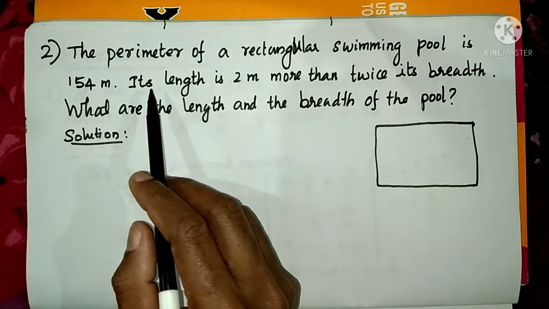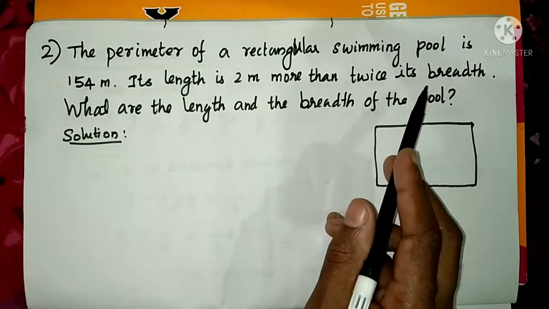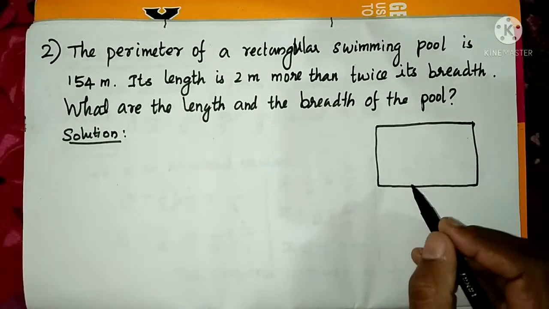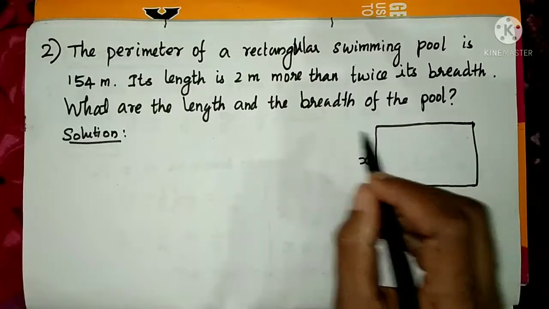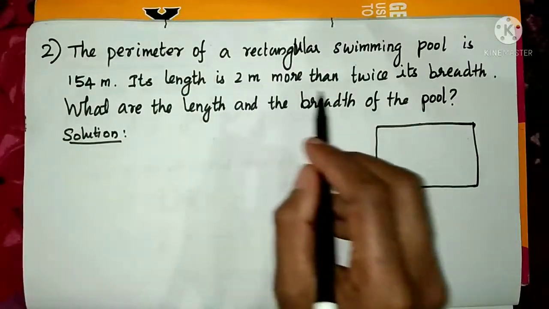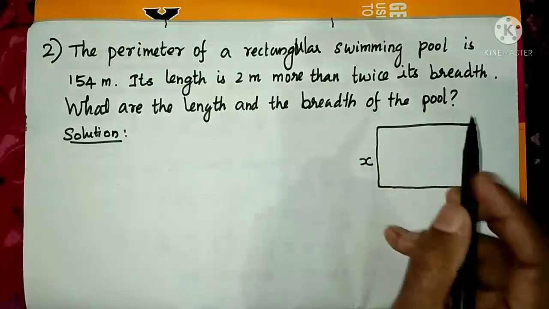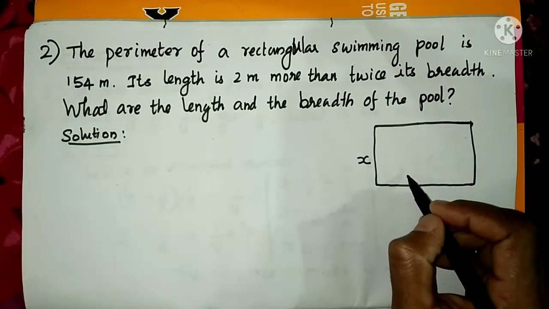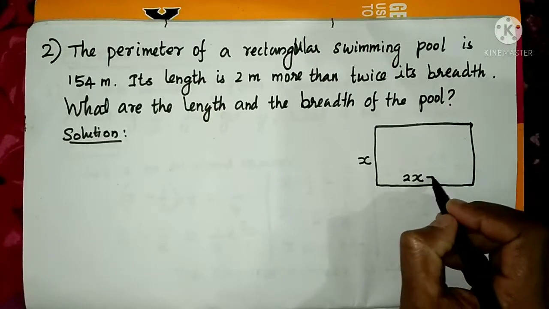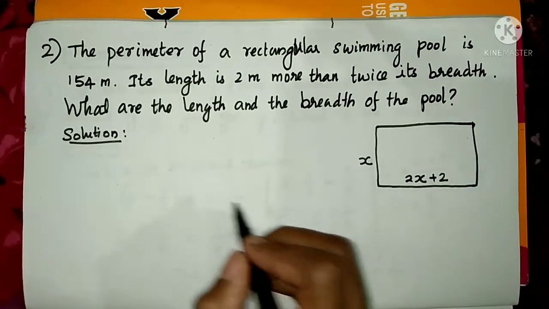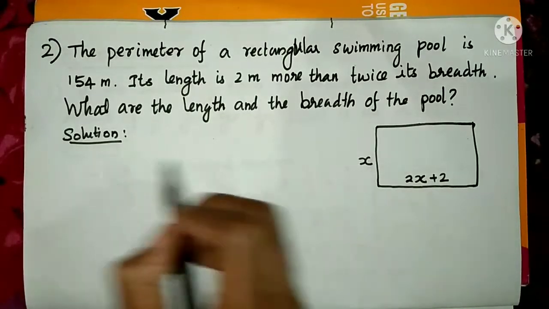Both the length and breadth are unknown. The breadth is lesser than the length, so we can take the breadth as x. So length is 2 meters more than twice its breadth. Twice its breadth means 2 times breadth. 2 more means we have to add 2 with that one. So we are taking the breadth as x.